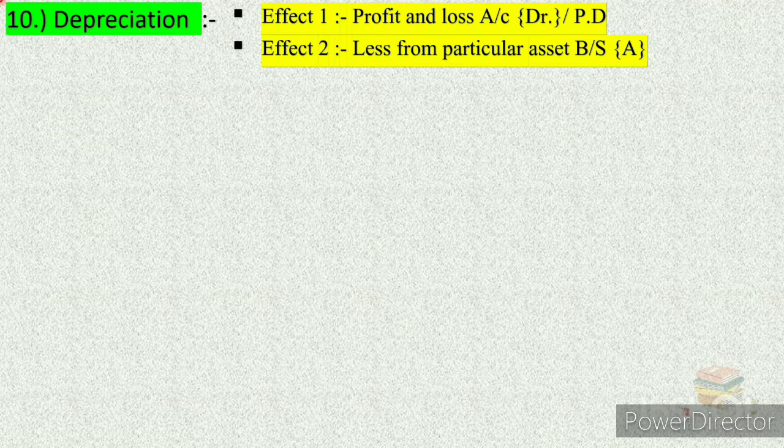So its first effect is in the profit and loss account debit side, which I call PD. The second effect is that it should be less or deducted from the particular asset written in the balance sheet asset side.